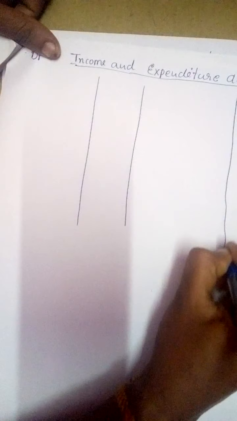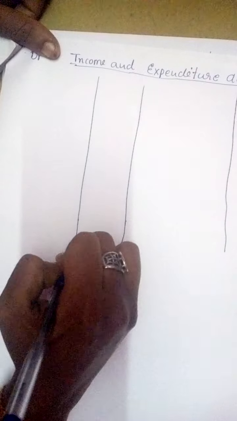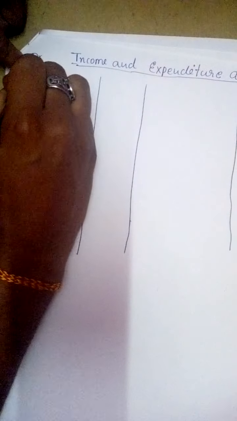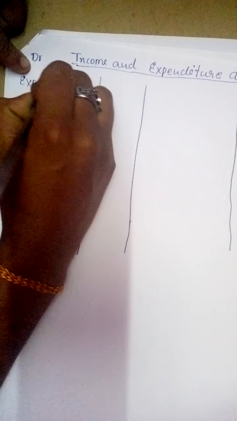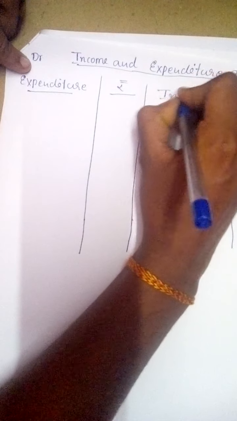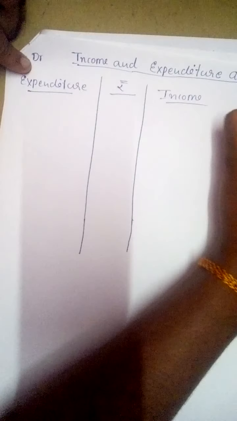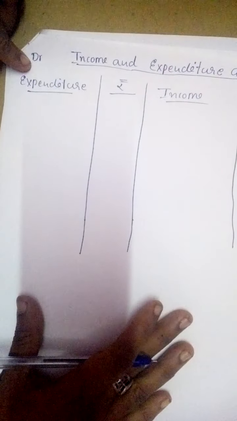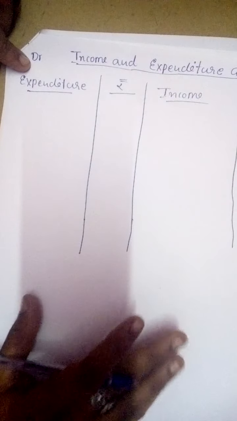Don't forget to mention this debit side and credit side while writing the format and solving the problem. So the debit side is the expenditure side. Why? Because it's a nominal account. Debit the expenses and losses, credit the incomes and gains. So the debit side is the expenditure side, whereas the credit side is the income side. This is the manner in which you need to prepare the income and expenditure account.